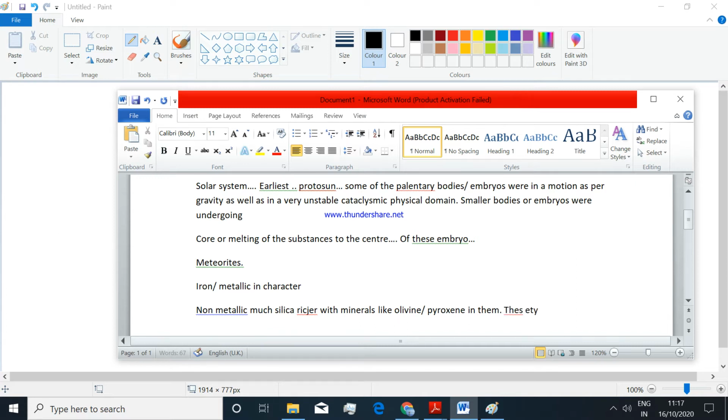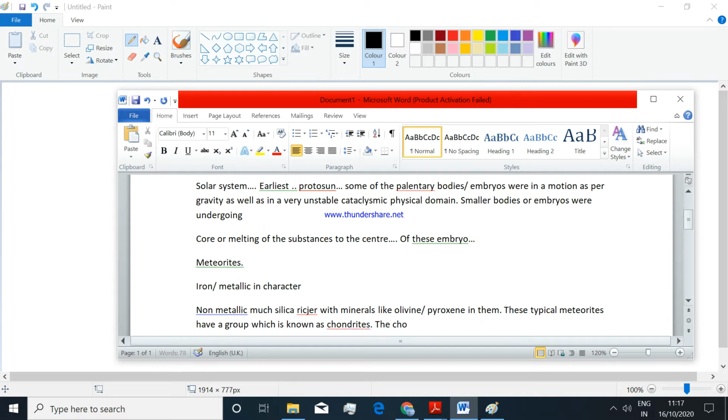These typical meteorites have a group which is known as chondrites.